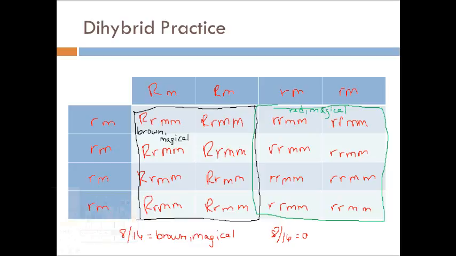They're going to be red and magical. So in this case, we can easily do the percentages because 8 out of 16 is a half, and that's 50%. So half of the children will be red and magical, and half will have brown hair and be magical.